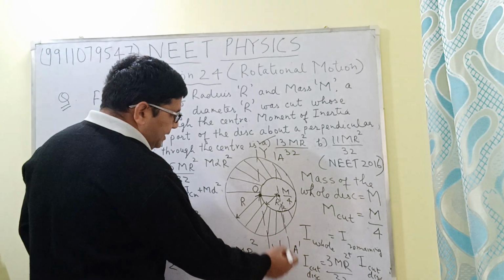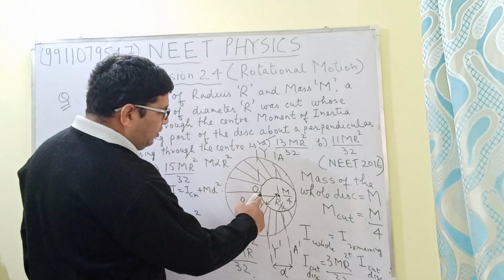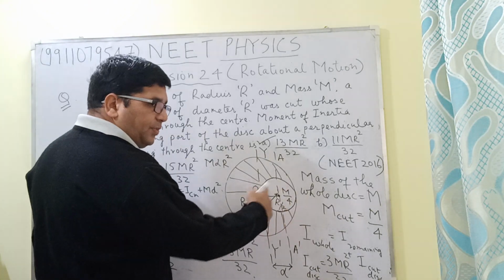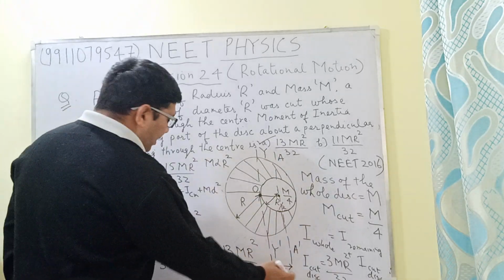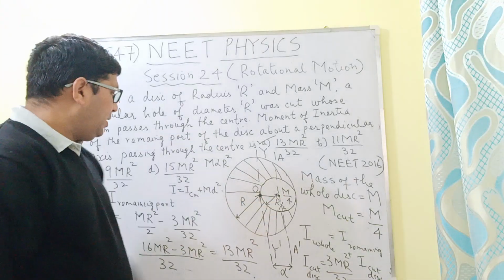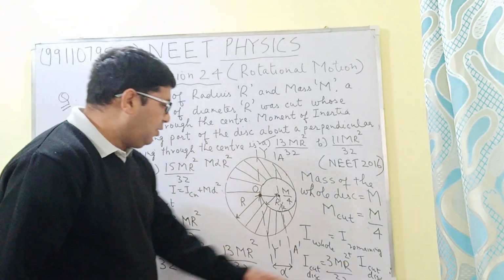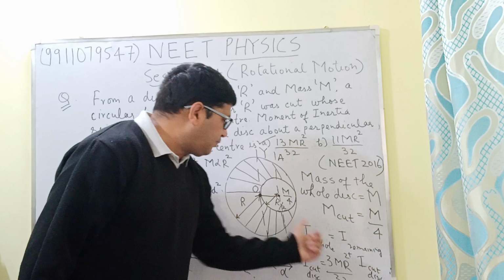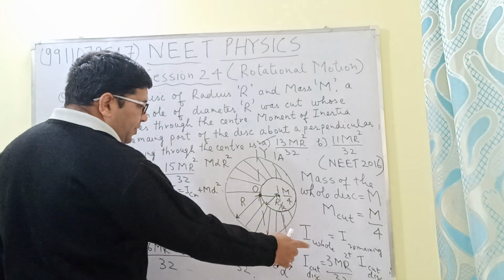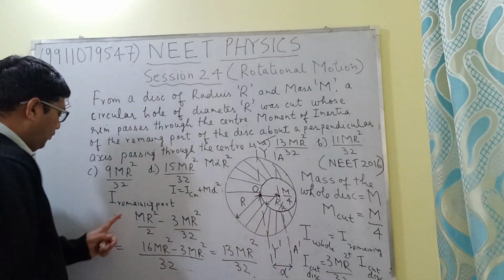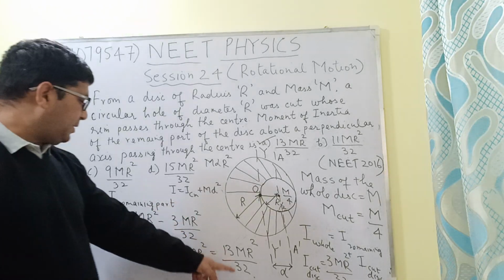In this case, d was this distance, which was equal to r by 2, because the radius of this cut disc is r by 2, and m was equal to m by 4. So using this theorem, I calculated the moment of inertia of this disc which was cut from the whole disc. After that, I was able to find the moment of inertia of the remaining part, which is equal to 13 mr square divided by 32.